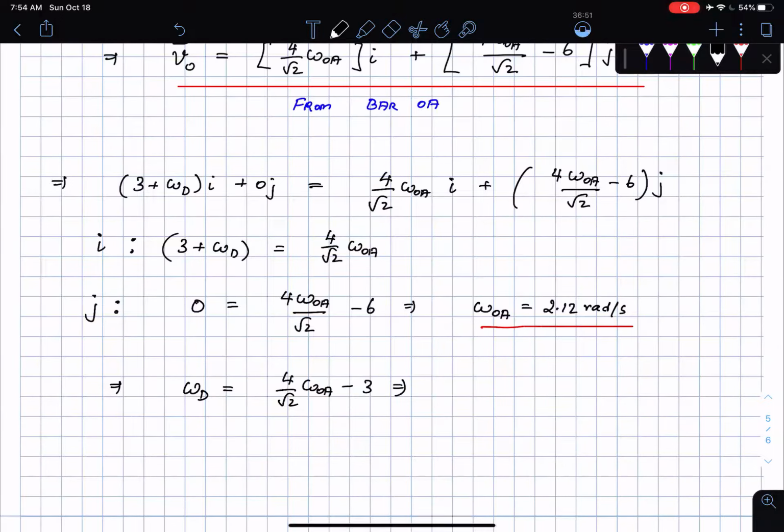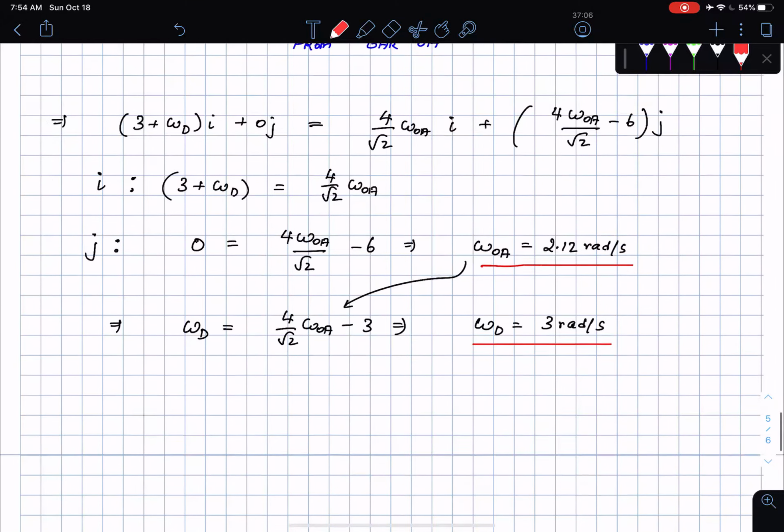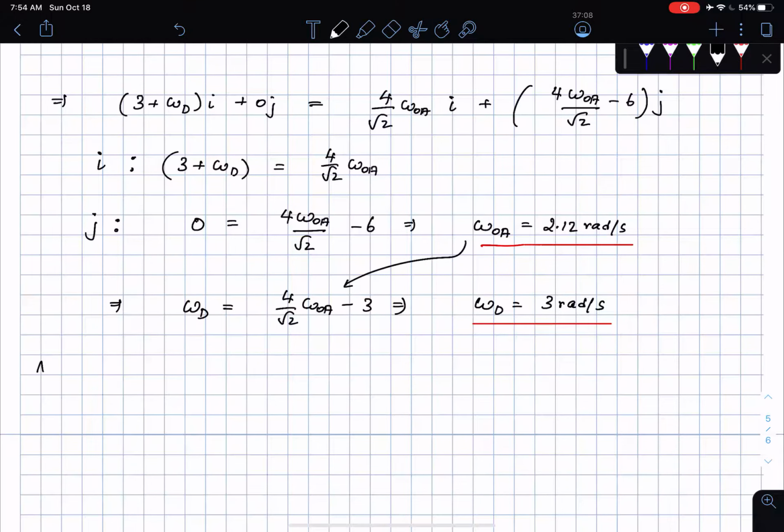If I do the substitutions, substituting for omega OA in there, I get omega of the disk to be 3 radians per second. Once again, I get a positive value, which tells me that the direction I chose was correct. So I want to make a note of that.